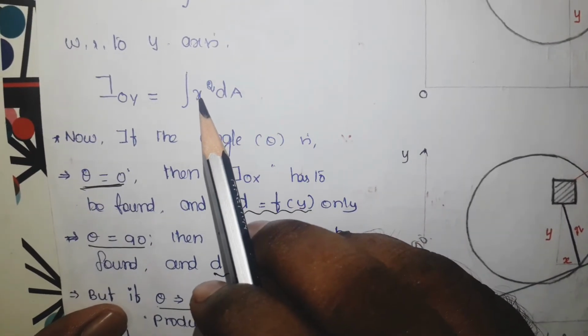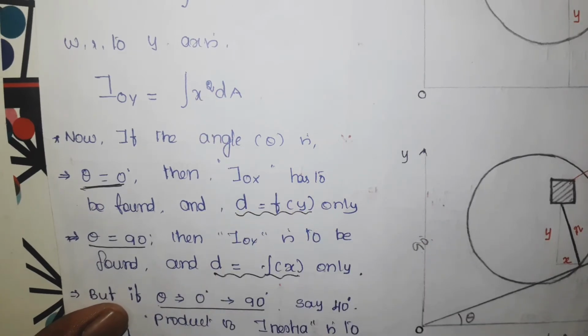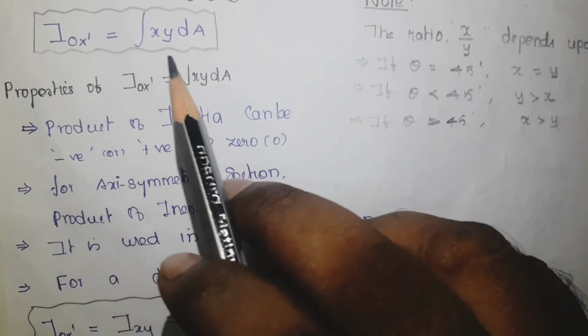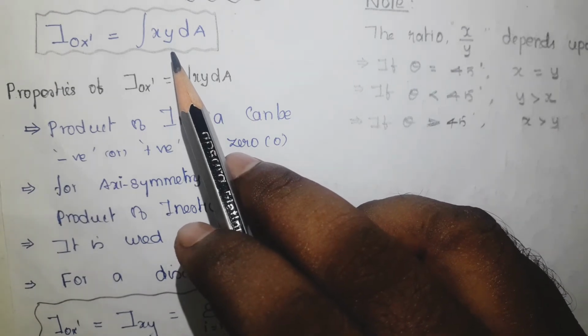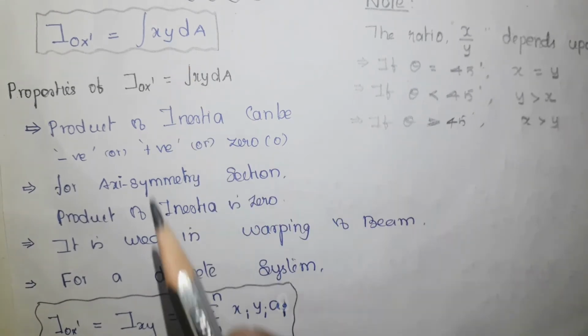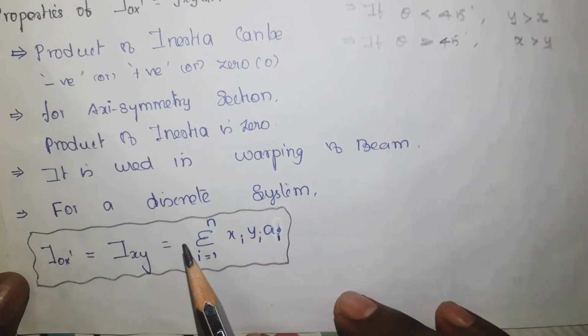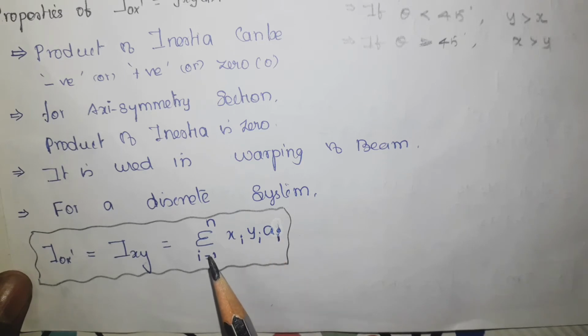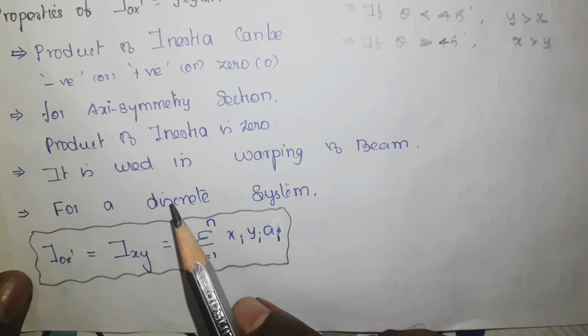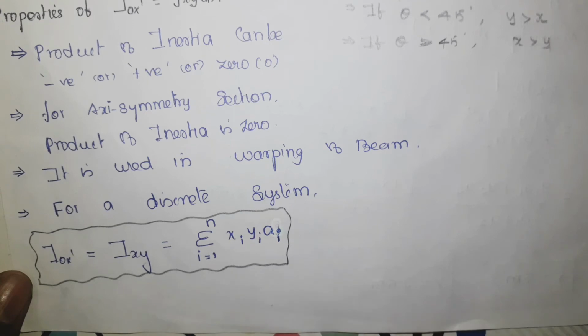When the angle is 90 degree, we have only the x component. Now this is the integration formula for product moment of inertia. It should be used in a continuous system, and this is the summation formula of product moment of inertia: summation of xi, yi, ai, i from 1 to n, and this should be used in a discrete system.